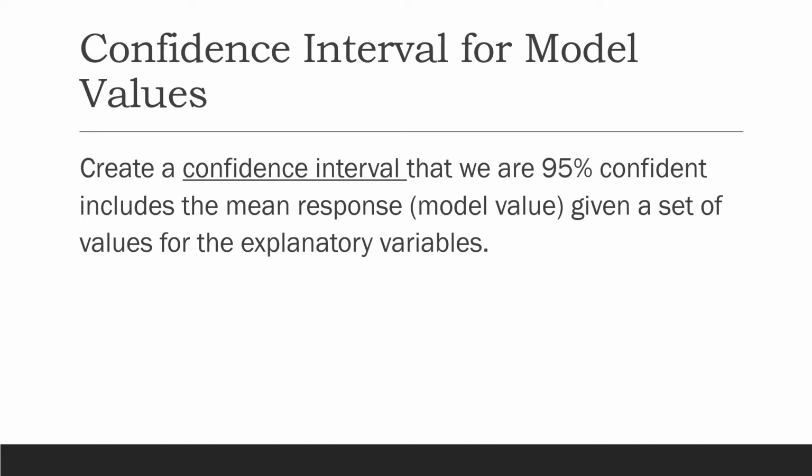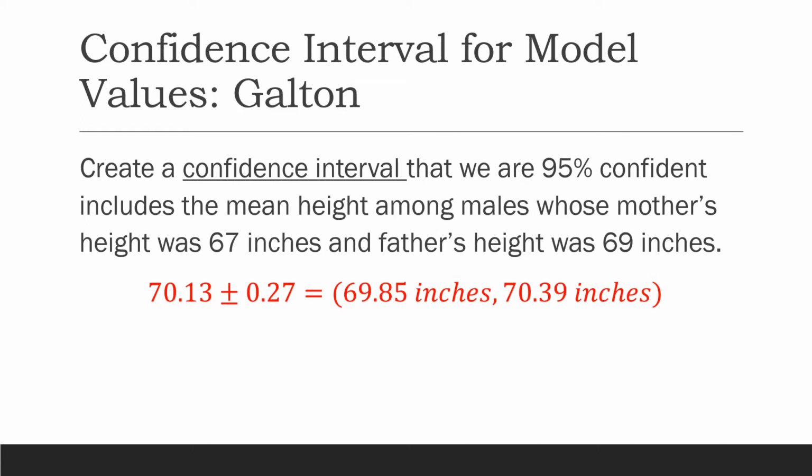So for example, if we were working with the Galton data, we could choose values for the explanatory variables. For instance, we could choose people who were male and whose mother's height was 67 inches and father's height was 69 inches.